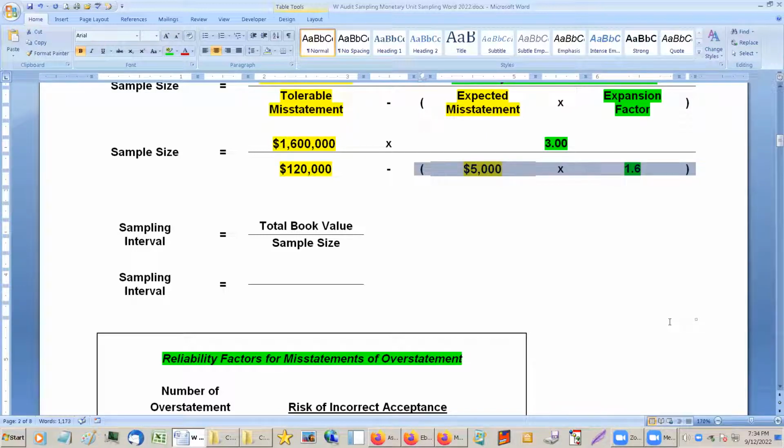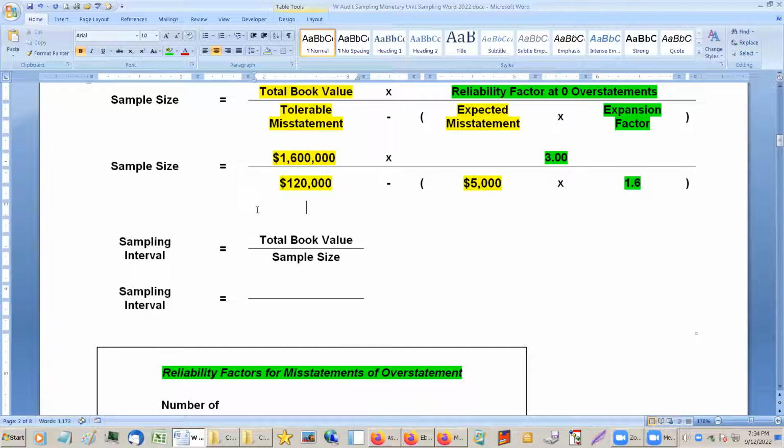So what is that? 5. 12 on the bottom. I should put another one in here. Sample size. Okay, so the bottom would be 112,000. And on top of that would be 6 times 3, 4.8.